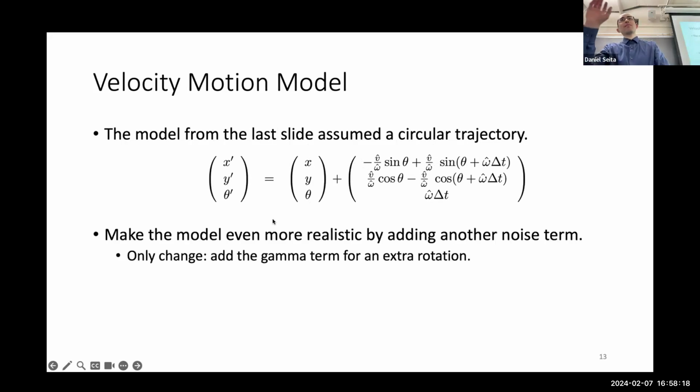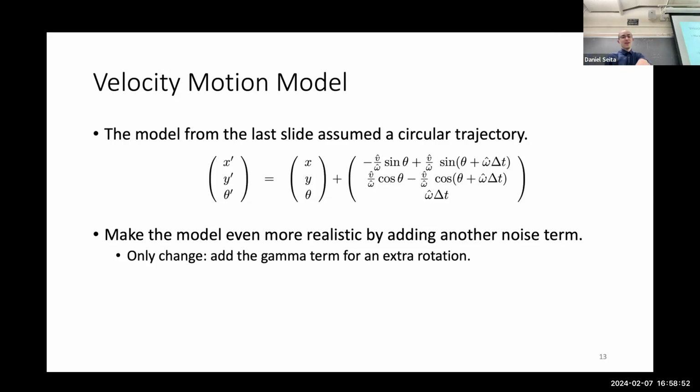In practice, the velocity motion model introduces another noise term that assumes you're not following an exact circular trajectory. It's a good example because when humans draw, we can't draw an exact circle, right? Let me try though. So this is not an exact circle, right?